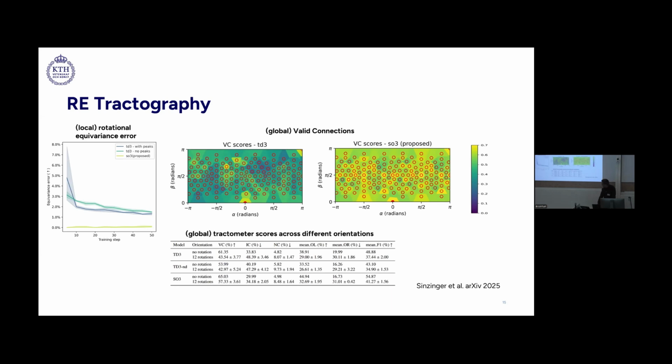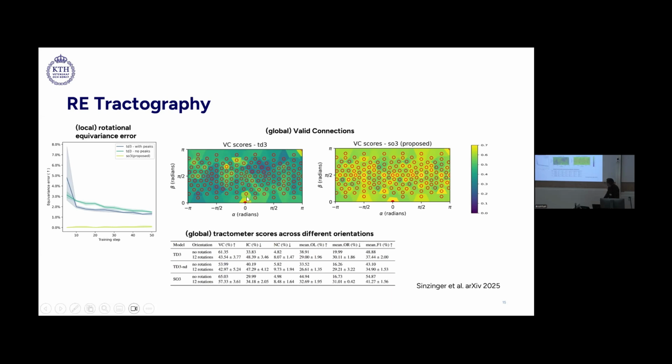But if we just use this SO3 equivariant version, then the error is almost zero. And you can think that 2% is not that much, but the problem is this is just one step, and then you have to do a lot of steps to go to the other side. So everything is accumulating.